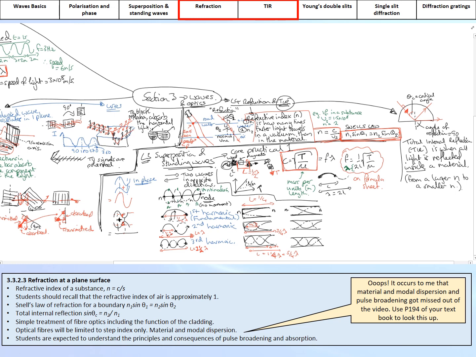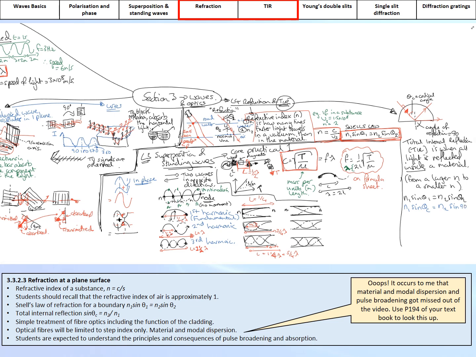And you can work out the angle at which that happens, because if we go for Snell's law again, which is n1 sine theta 1 is equal to n2 sine theta 2, if theta 1 is the critical angle, then theta 2 must be 90.